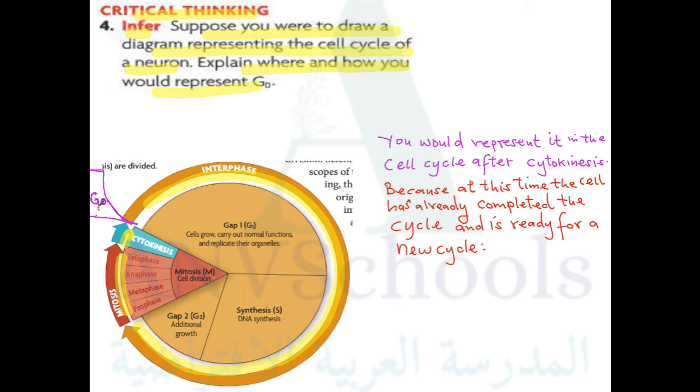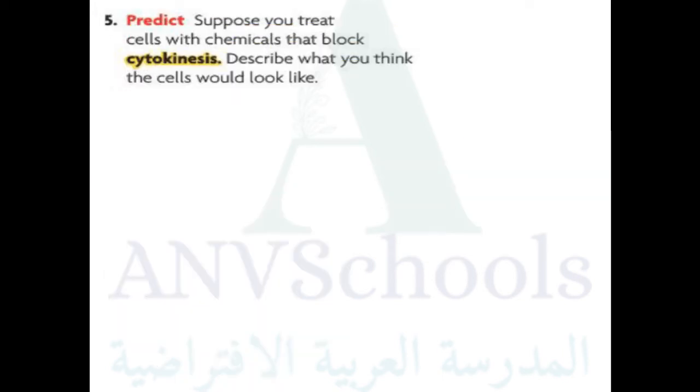So let's go to the next question. The next question here asks, make a prediction. Suppose you treat cells with chemicals that block cytokinesis. Describe what you think the cells would look like.